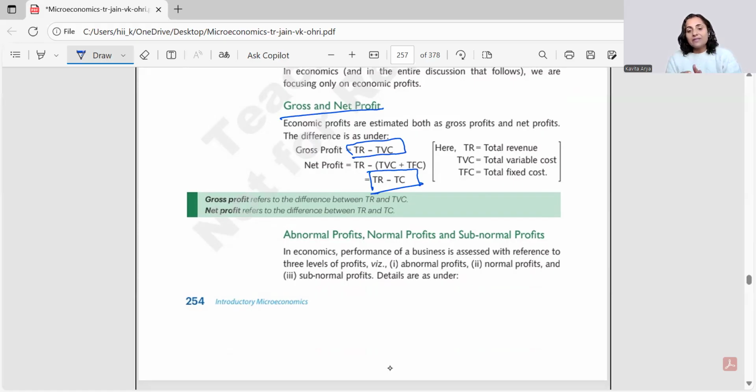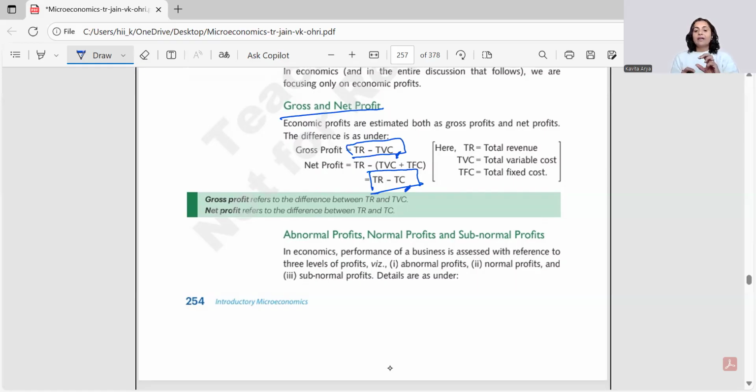So what happens? Fixed cost has already been incurred, right? So it will take some time to get that fixed cost recovered. So how do we know whether the business is going okay or not? Instead of checking the total cost, we try to check whether the variable costs are recovered regularly or not, right? Because fixed cost would be recovered in some time.